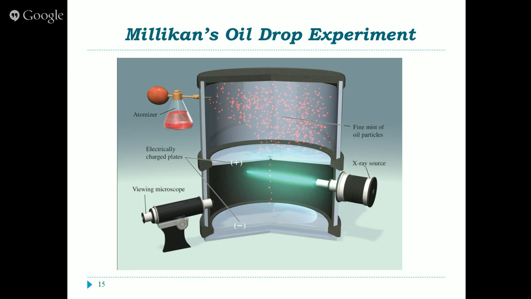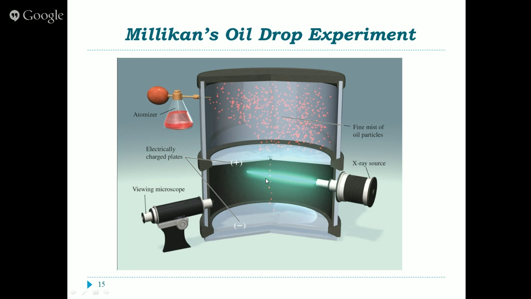So we charge these oil drops, and then we have two electric plates here. So we're creating an electric field. And changing the strength of the field, once again, we can get this so that the positively charged plate here will attract the oil particle and suspend it.